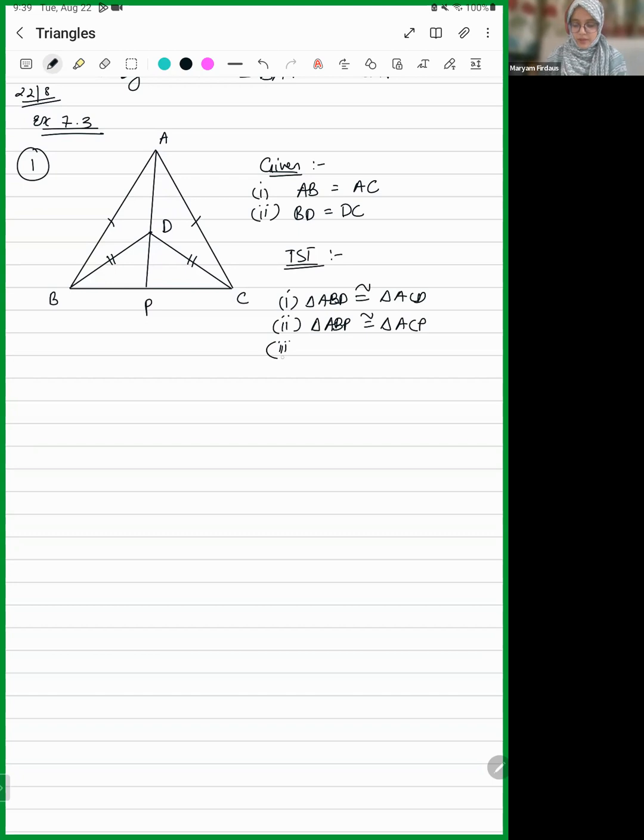Third thing, you have to show AP bisects angle A and AP bisects angle D. Then the fourth thing you have to show is that AP is the perpendicular bisector of BC.